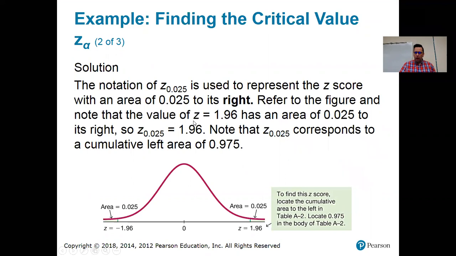Note that the value z equals 1.96 has an area 0.025 to its right. Notice that z sub 0.025 corresponds to a cumulative left area of 0.9750. That's how we found that, right? Locate 0.975 in the body of the table.